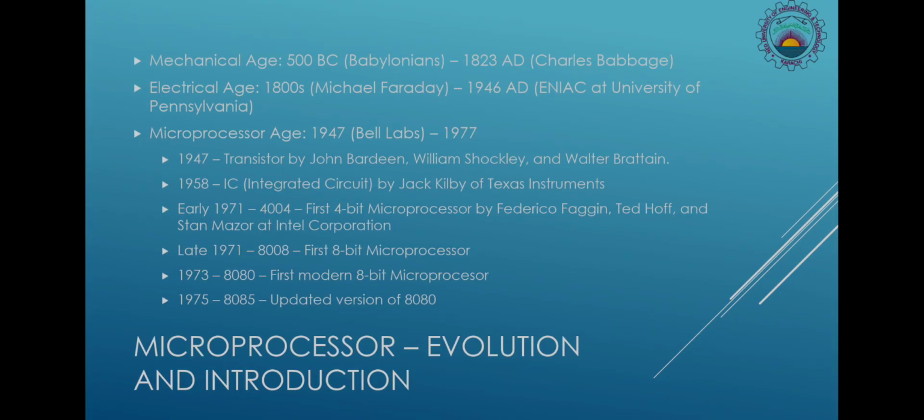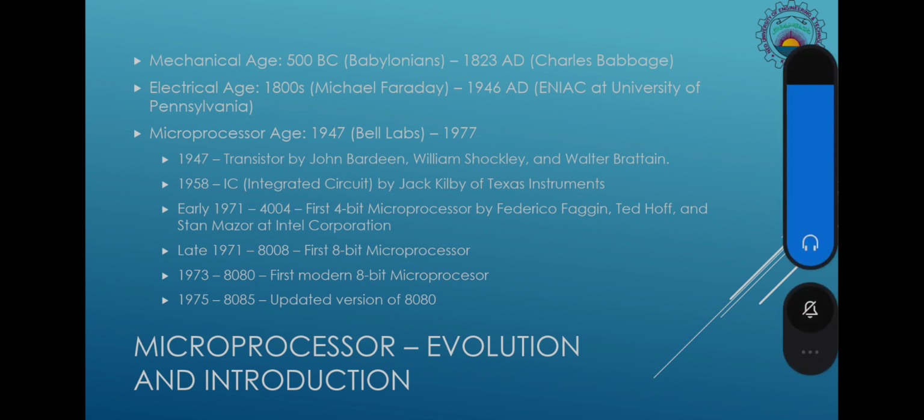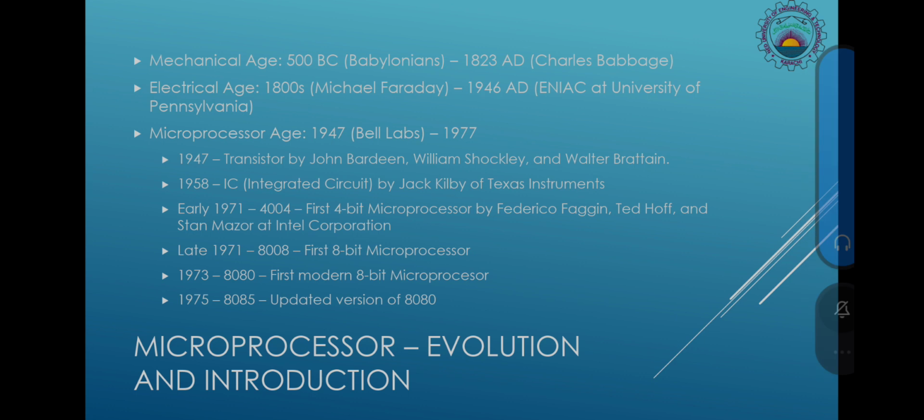Before we start the core topics of our course, we have to go through the history of computing machines invented by scientists. The first stage of invention is called the mechanical age.